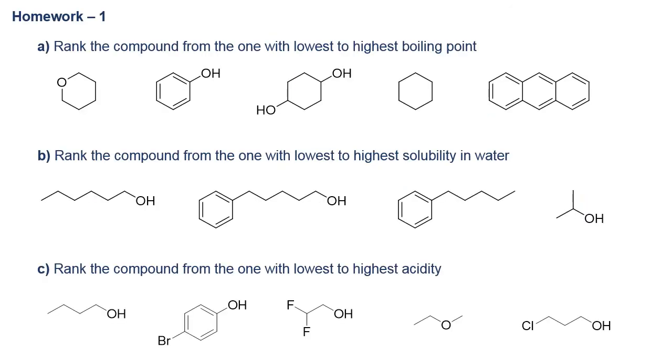You can try to attempt all of these homeworks, and again, please draw it on maybe an A4 paper or on your iPad, and then save it in a PDF. Please only save it in a single file and hand it in on the Blackboard system. For homework 1, you are going to rank the boiling point, solubility, and acidity of the alcohols.